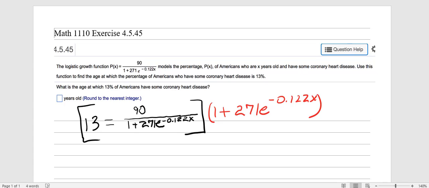And obviously what that does on the right side is the denominator, which is the same as what I'm multiplying by, divides into that one time, leaving me with a 90 on the right side. On the left side, I get 13 times this expression.